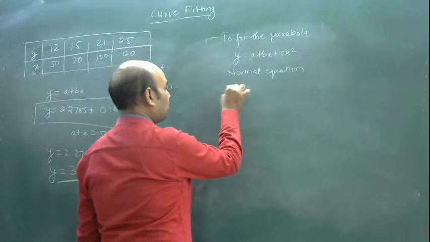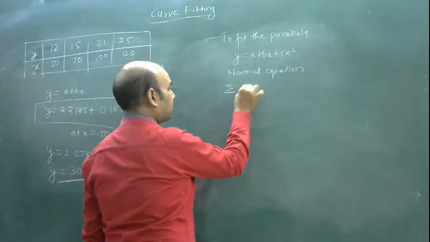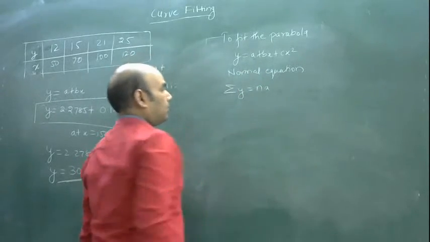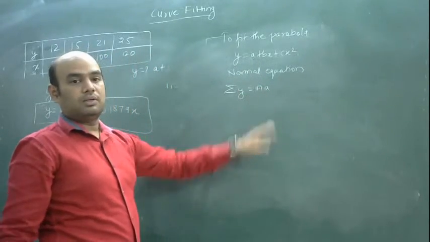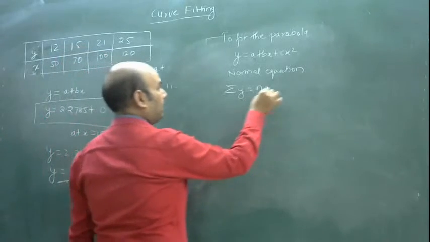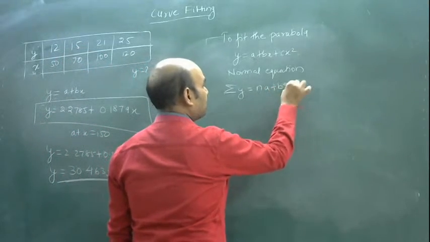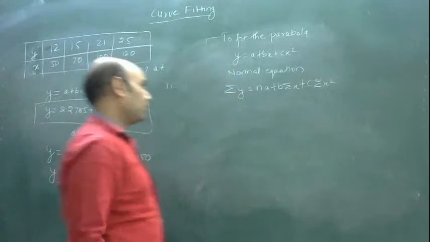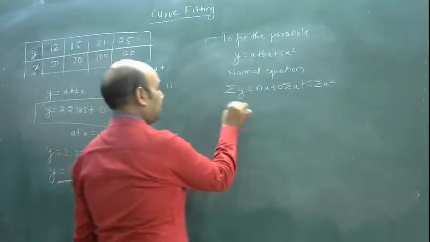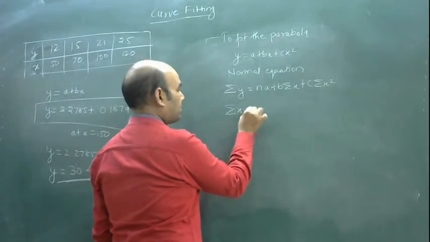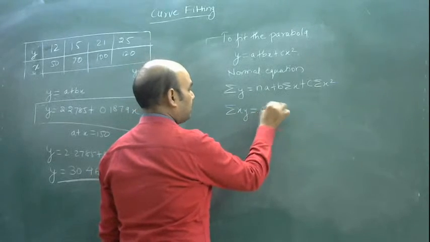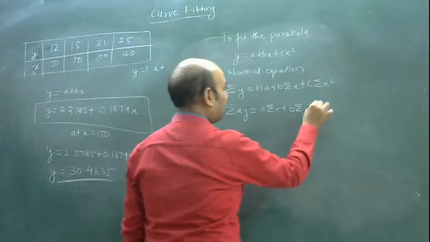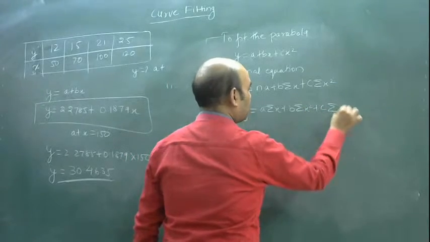normal equations. So first we start with summation of y, this will be n times a, where n is the number of values given of x and y, plus b summation x plus c summation x square. Second, summation xy is equal to a summation x plus b summation x square plus c summation x cube.